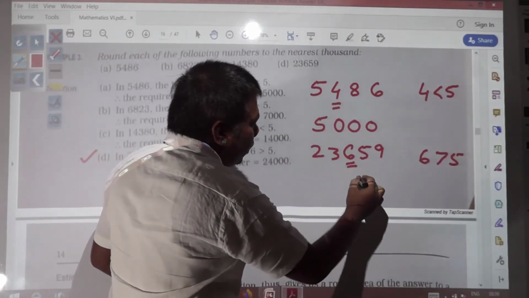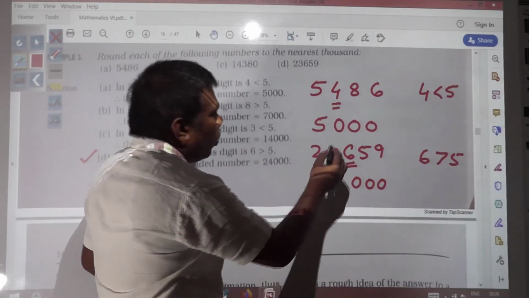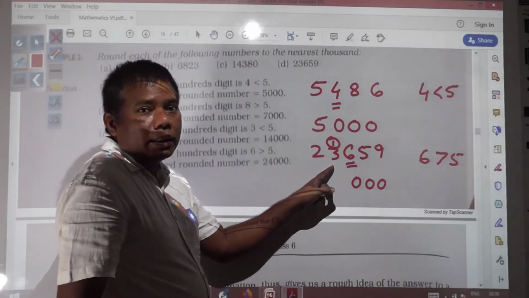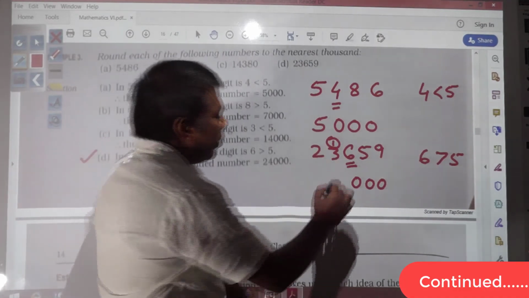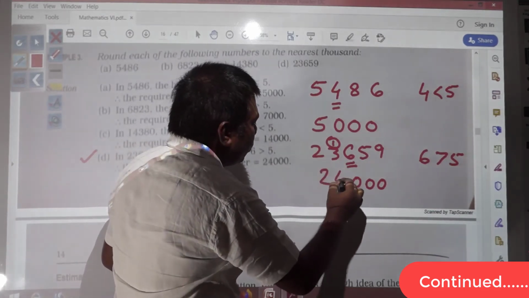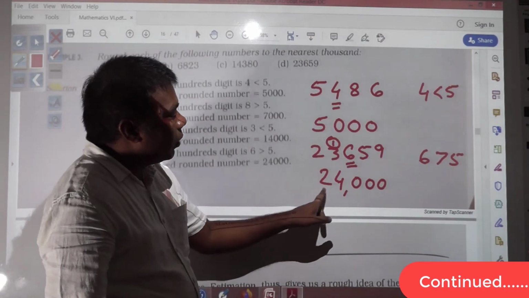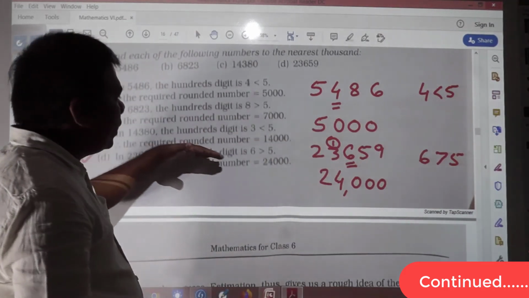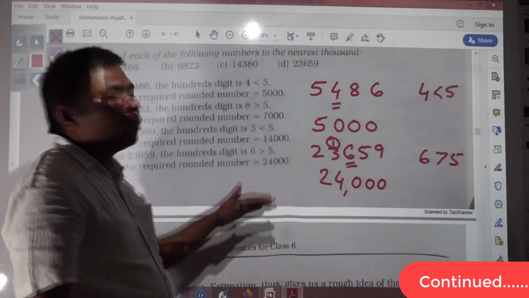These 3 digits will be replaced by 0, and 1 is required to be added on the digit which is in thousands place. So this will become 4 and 2. So the required rounded number you will have is 24,000. So in this way you go through it properly, try to understand, and it will be better if you note it down also in your copy.